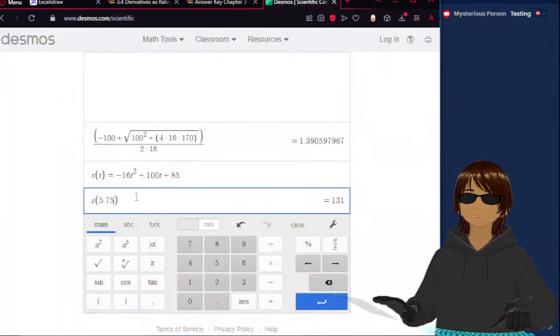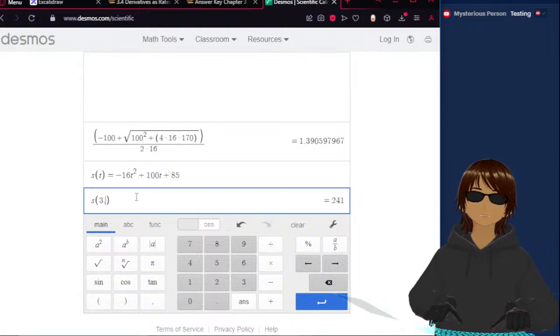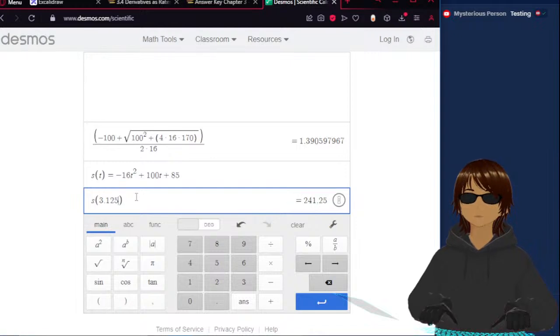At 3.125 it should reach its maximum. Two four 1.25.